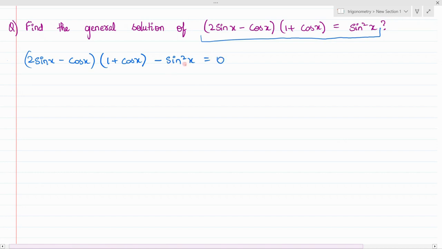Why? Because the next step, after writing sine in terms of cos, is that you can take something common. So for that, we need to convert sine to cos. So it becomes minus 1 minus cos square x.